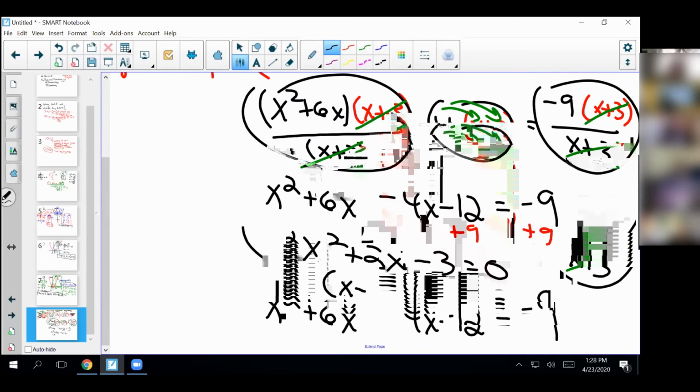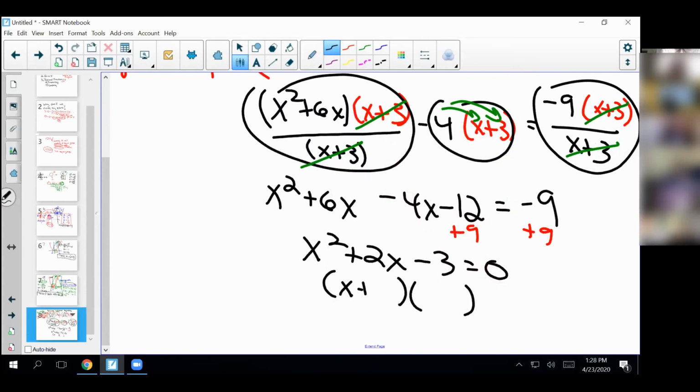Sorry, this is plus 2x. Sorry, I messed this up. Still factors. This is going to be x plus 3, x minus 1 is 0. So we get the solutions of x equals negative 3 and x equals 1. Whew. So we have the solutions.